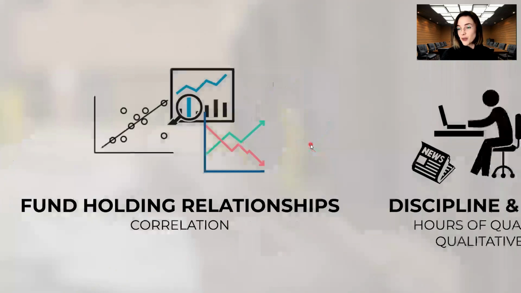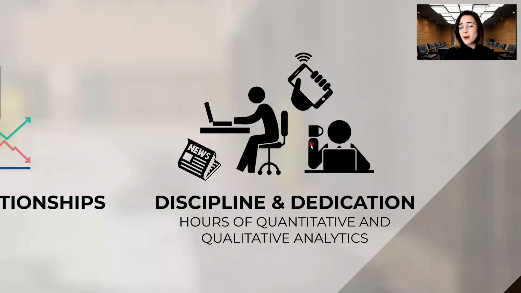And our final point, which is more of a softer point, but still extremely important, especially with the human element coming into play quite strongly here, is discipline and dedication. There are many hours of quantitative and qualitative analytics that go behind being a portfolio manager.